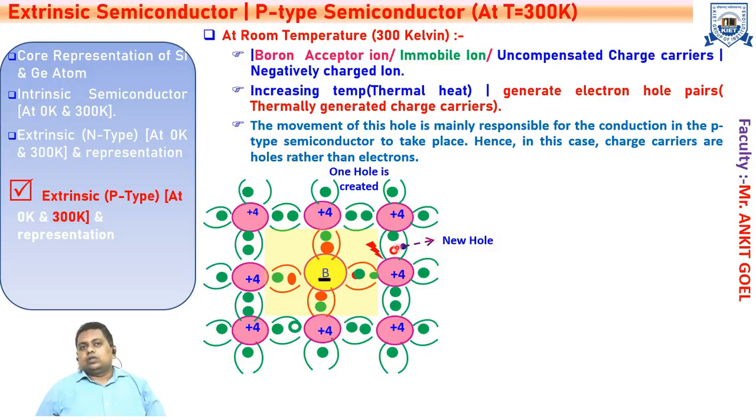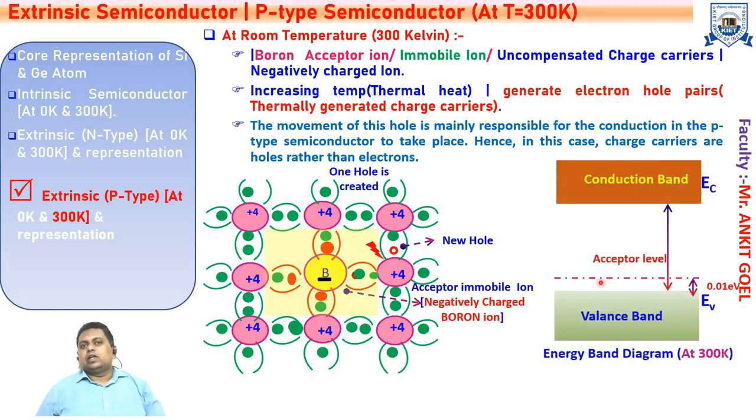So you can see that as soon as the boron atom accepts the electron from the structure, it becomes a negatively charged boron ion, also called the acceptor immobile ion. So in the energy band diagram, these boron holes will be at the acceptor level. These are the electrons due to the silicon atom.